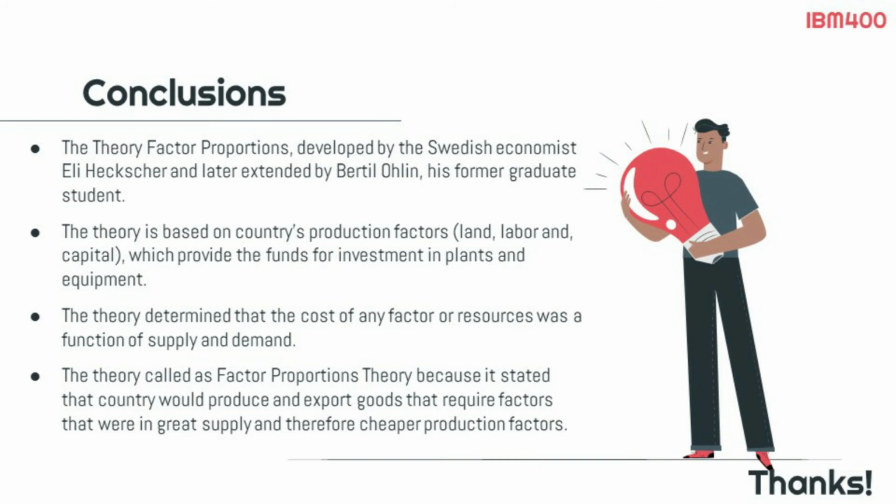The theory determined that the cost of any factor or resource was a function of supply and demand. The theory is called factor proportion theory because it states that a country would produce and export goods that require factors that were in great supply and therefore cheaper production factors.